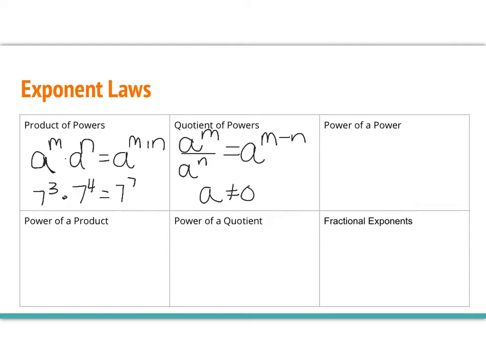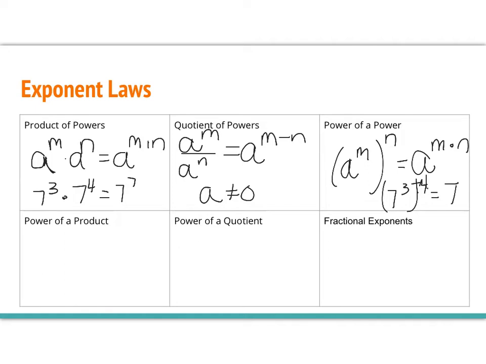The power of a power is a to the power of m all to the power of n. What happens here is we get a to the m times n. So for example, if we have 7 to the 3 now to the power of 4, this is 7 to the 3 times 4, which is 7 to the power of 12.